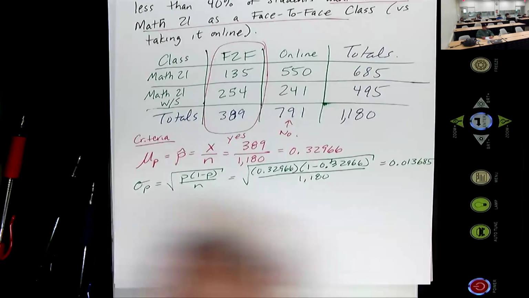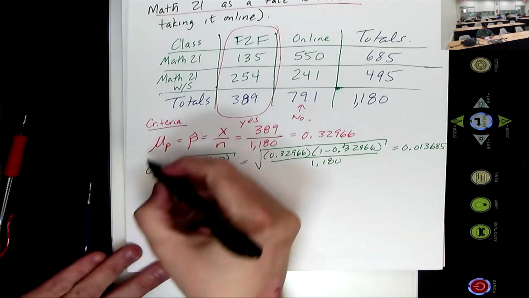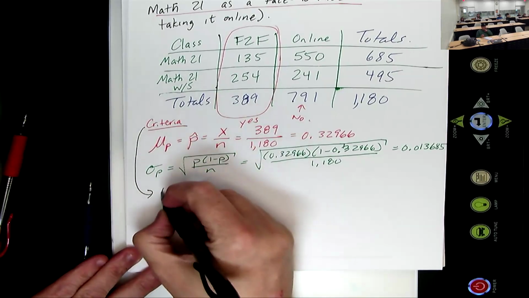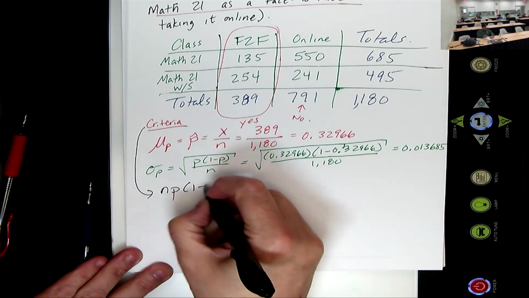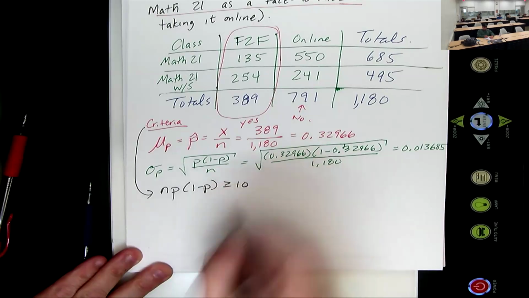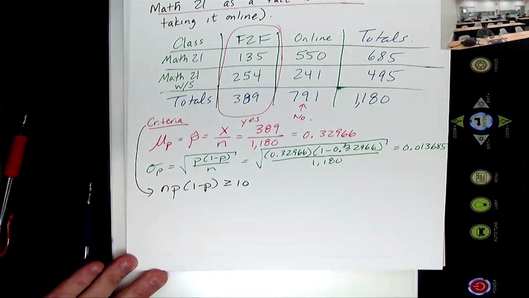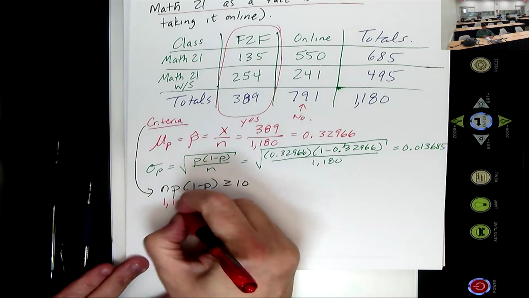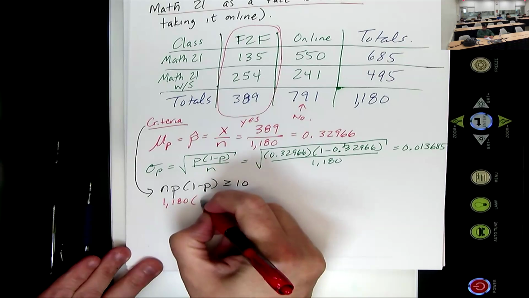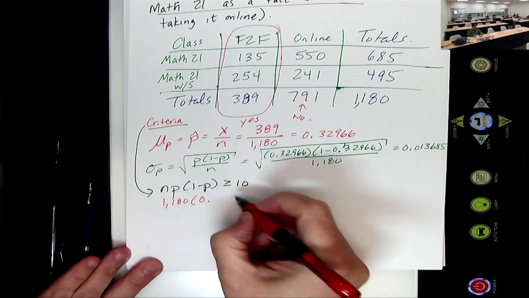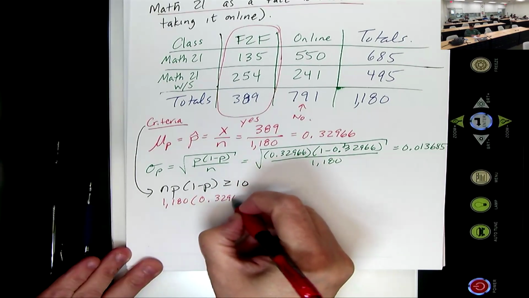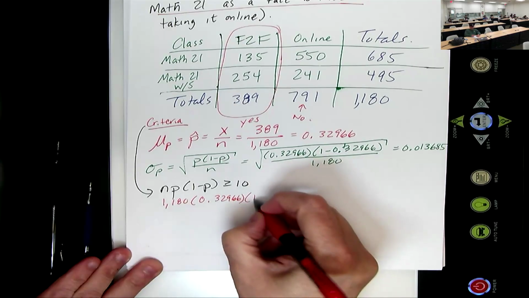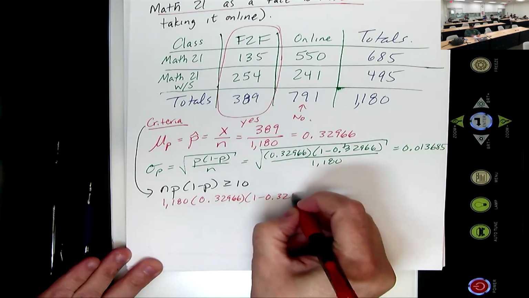Okay, our criteria. We need n times p times 1 minus p to be greater than or equal to 10. In our problem, that is 1,180 times 0.32966 times 1 minus 0.32966.